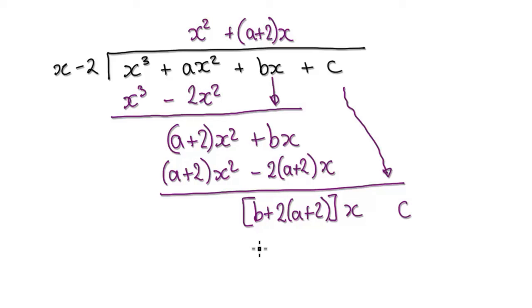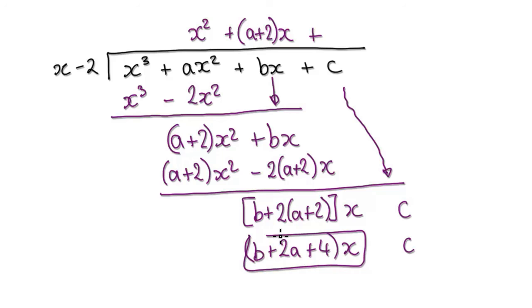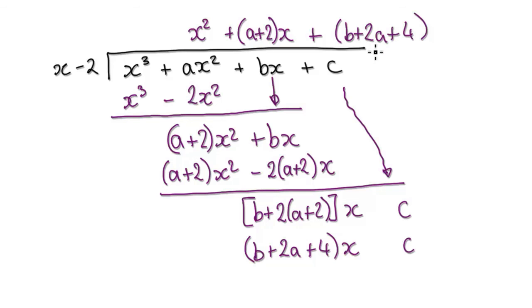This would be b plus 2a plus 4 x. So you carry the c down, and then now you want to eliminate this thing here. So maybe you can make this as b plus 2a plus 4.